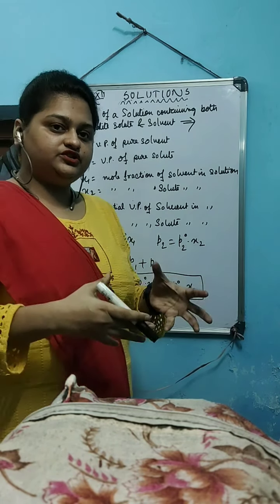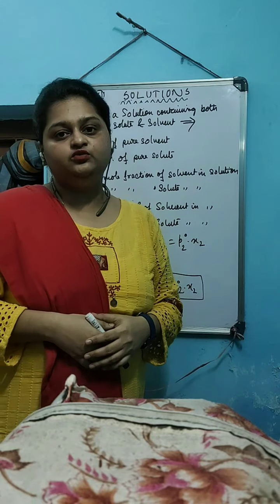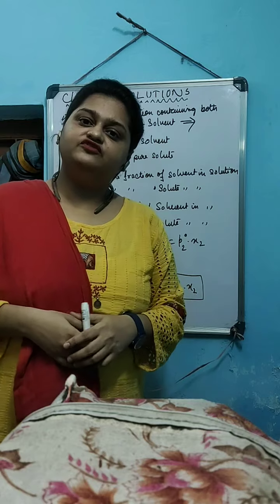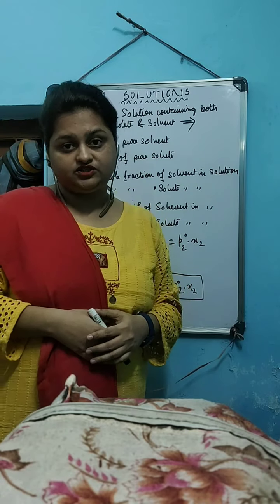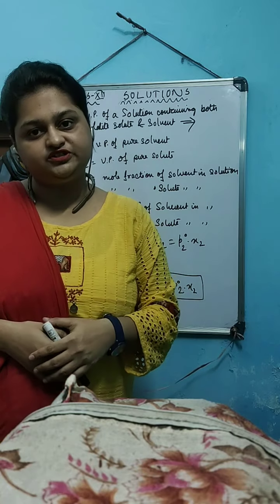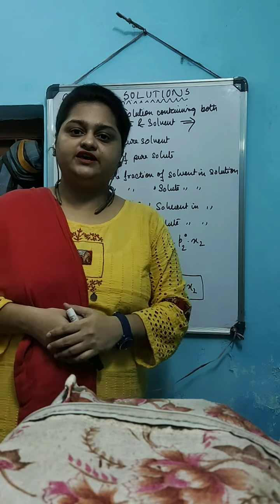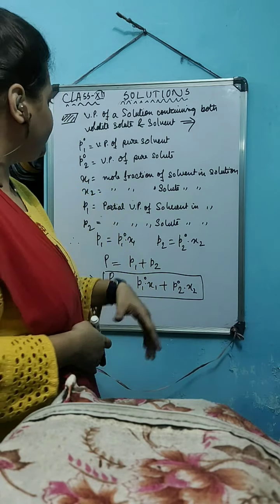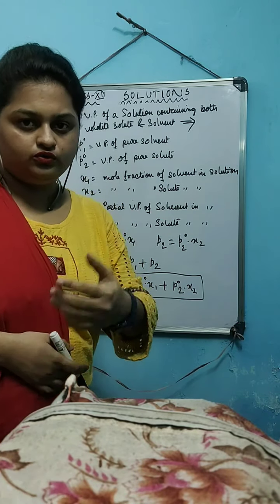Now let's assume there is another closed container in which another substance is confined, which is also volatile in nature. So there will be a vapor pressure of that particular substance in that container. Let's say the vapor pressure of that substance in its pure state is P naught 2.